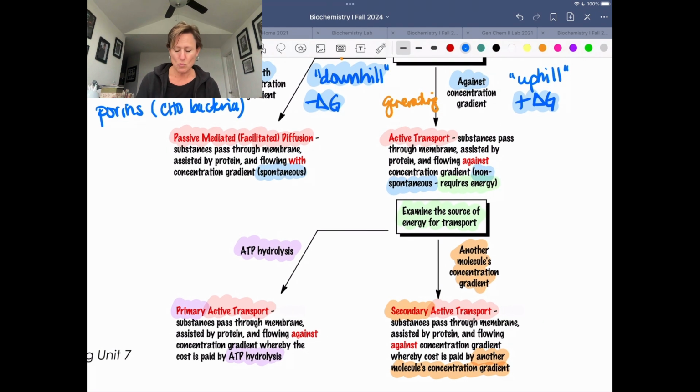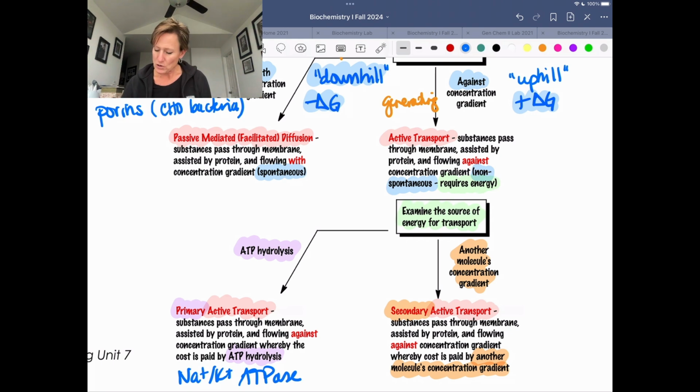So examples of ones that we will see and talk about here, we are going to be talking about the sodium potassium ATPase. Sodium potassium ATPase is an example of primary active transport. We use ATP, so that name ATPase implies that we are burning up that primary currency in order to move both sodium and potassium cations against their concentration gradient.